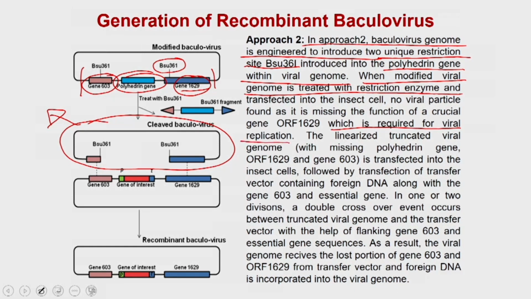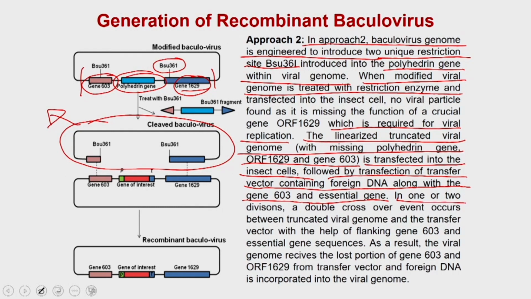Now, this linearized, truncated viral genome, with the polyhedrin gene ORF 1629 and the gene 603 missing, is transfected into the insect cell, followed by a transfection of the transfer vector containing the foreign DNA along with the gene 603 and the essential gene.